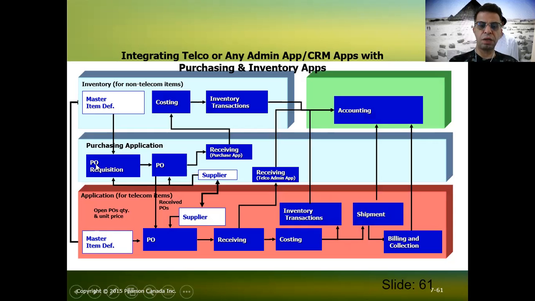And when you sign up, there is a purchase requisition happening. The purchase requisition is basically for, they might give you a mobile, so it's for the telecom items, or they might be giving you some other tool, which is a request for a non-telecom item.